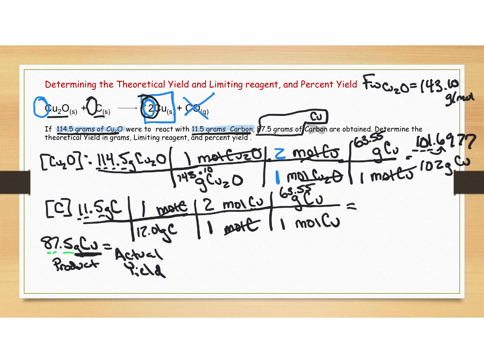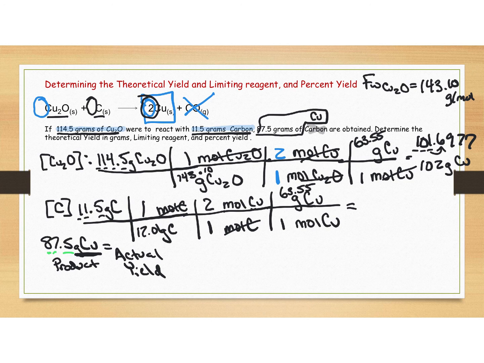So, in order to solve this one, I'm going to take the 11.5, multiply it by 1, divide by the 12.01, times 2, times 63.55.